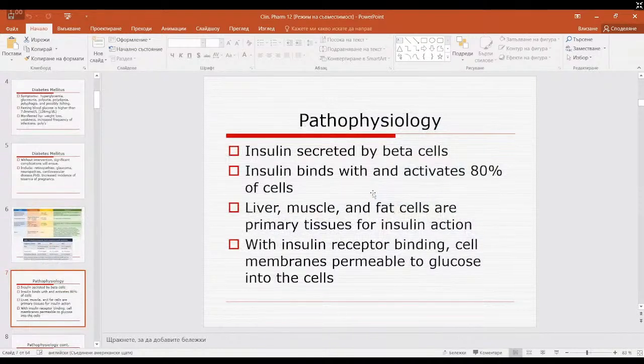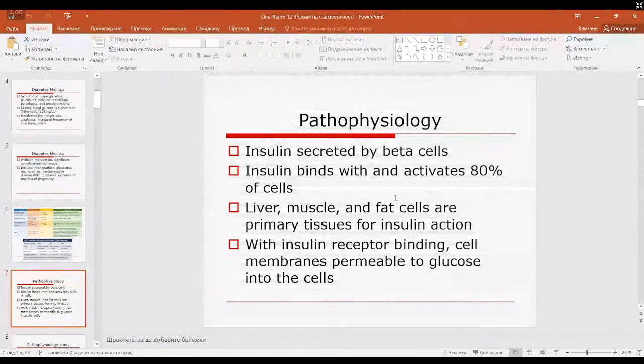What's the pathophysiology of diabetes? Well, insulin is secreted by the beta cells in the pancreas, and it usually binds and activates a big percentage of cells, and these cells are found in the liver, in muscle, and also in fat cells.